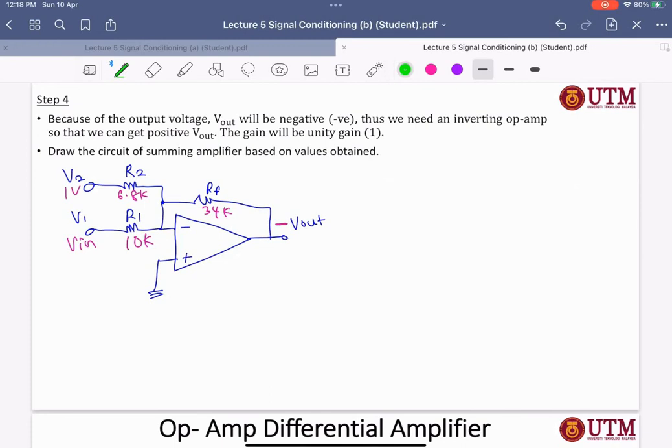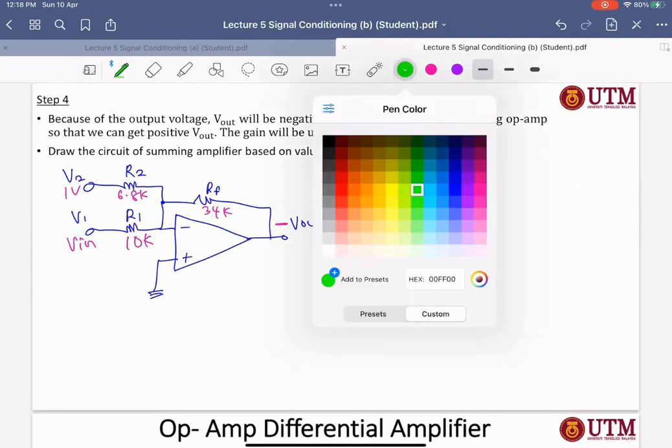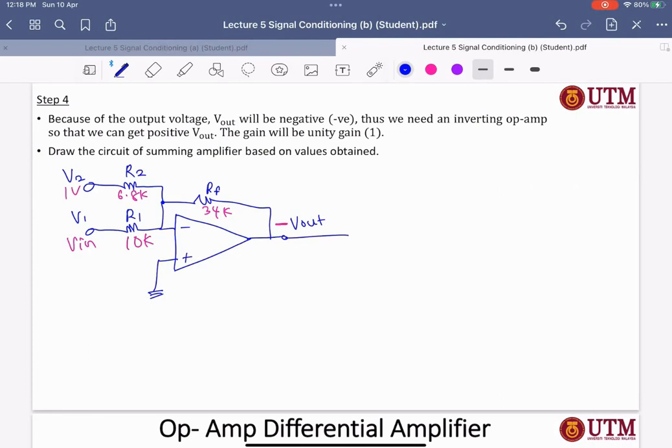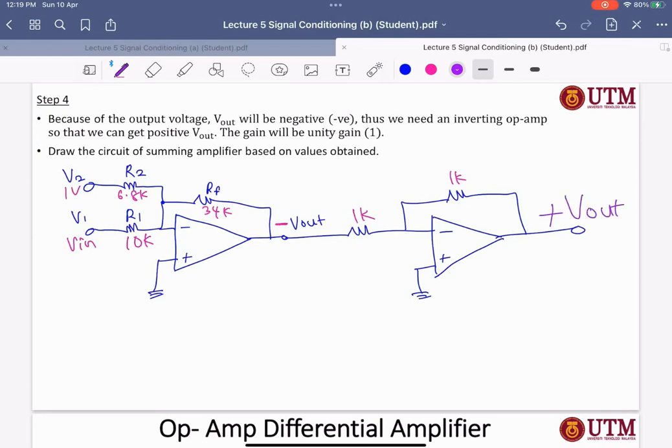Johnny, thank you. Connect with one more inverting circuit. So you connect to another inverting circuit, positive going to this. This one is 1 kilo ohm, 1 kilo ohm. Then you will get a positive Vout. This is how you design your circuit.